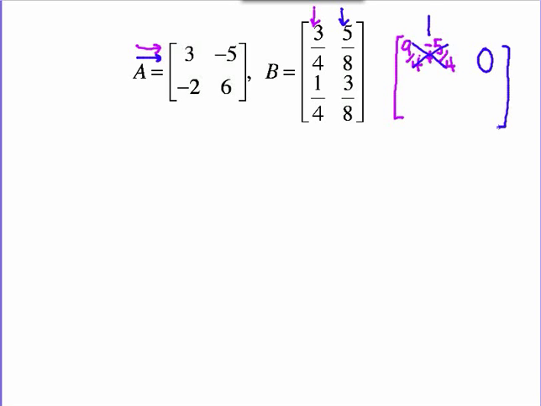So did anybody get anything yet? This one here, what'd you get? 0. What'd you get on this one? Negative 10/8 plus 18/8, which will be 8/8, which is 1.